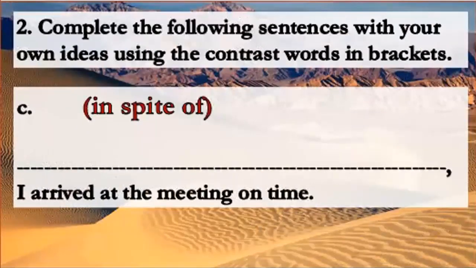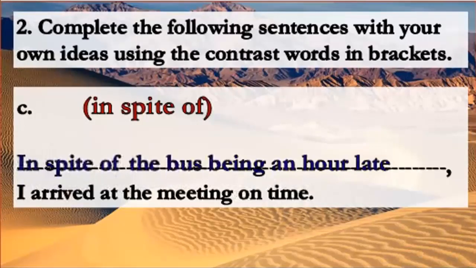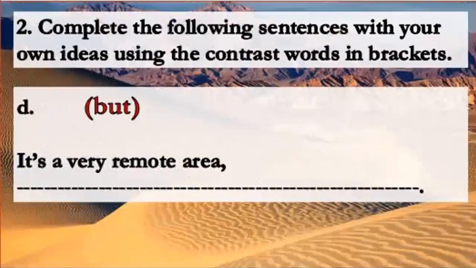Point C. I arrived at the meeting on time. You can use in spite of. You can say, in spite of the bus being an hour late, I arrived at the meeting on time.